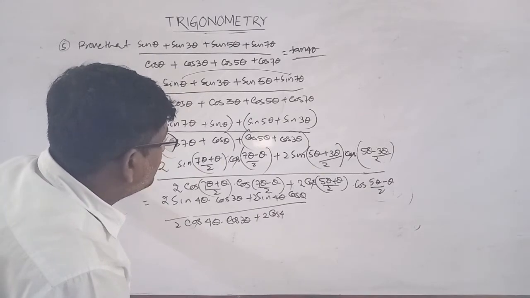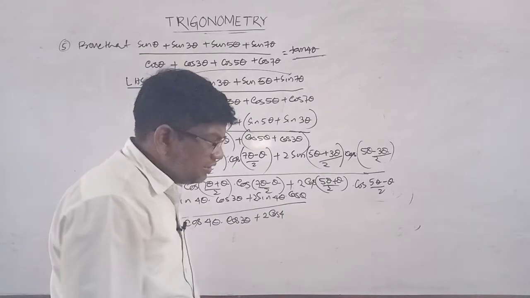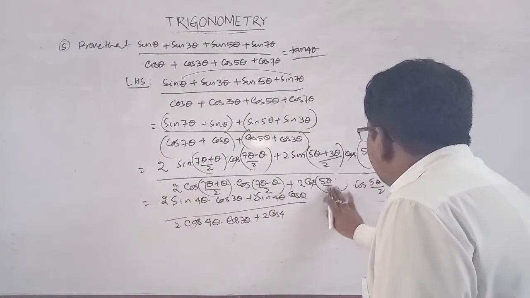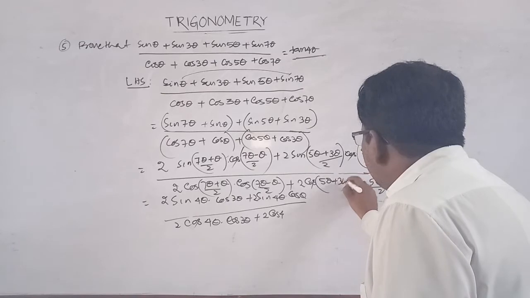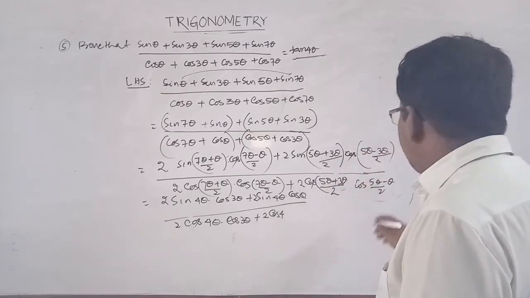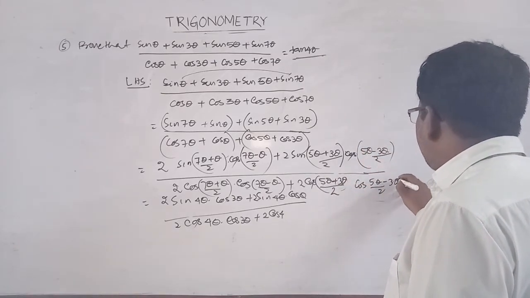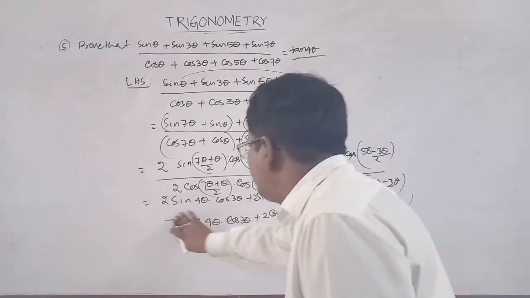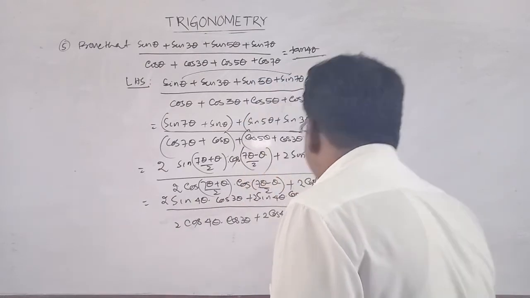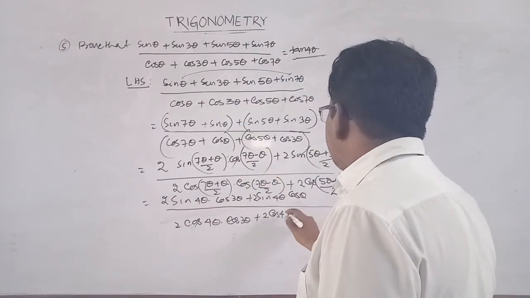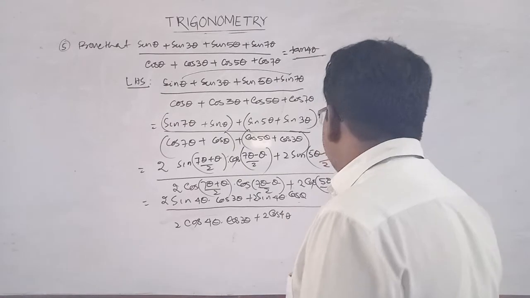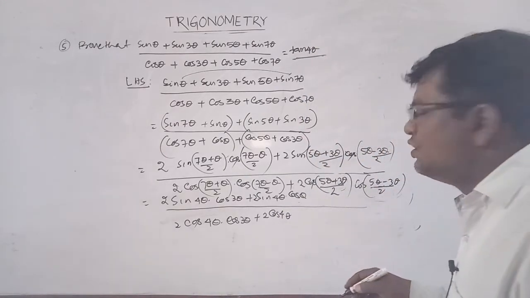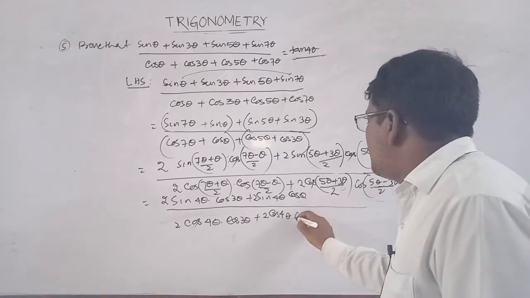This is 2 cos 5 theta plus 3 theta by 2, and here also 5 theta minus 3 theta by 2. And this is 2 cos 4 theta, and 5 theta minus 3 theta, that is 2 theta by 2, so this is cos theta.